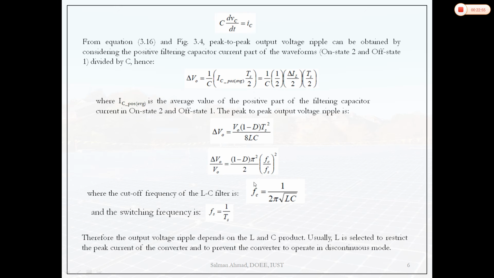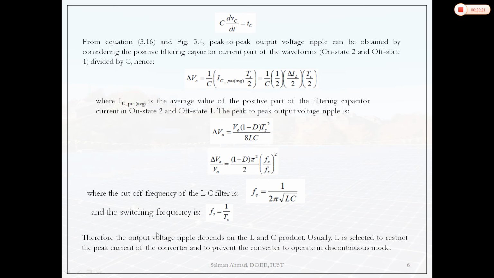Also, we know that L and C are working as an LC filter, so the cutoff frequency we can define as 1 upon 2 pi root LC. If we substitute, we get delta V naught upon V naught equal to 1 minus D times pi square upon 2 times cutoff frequency upon switching frequency, that is 1 upon TS, whole square.